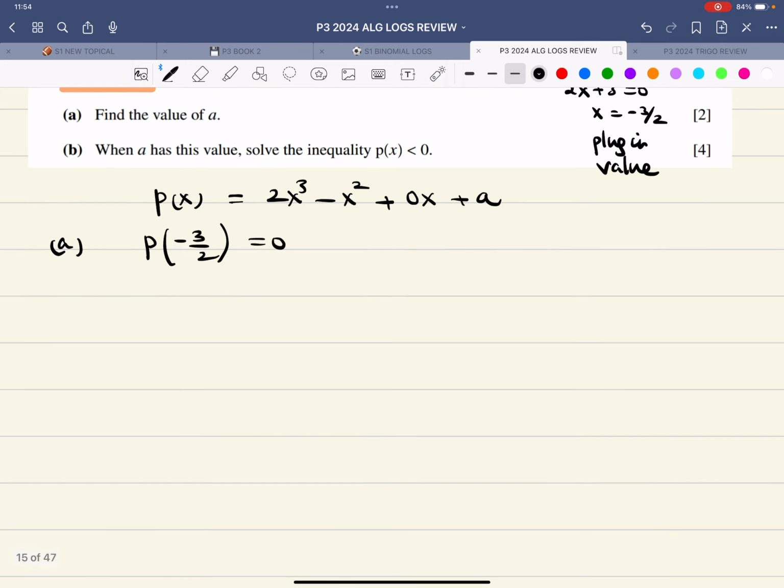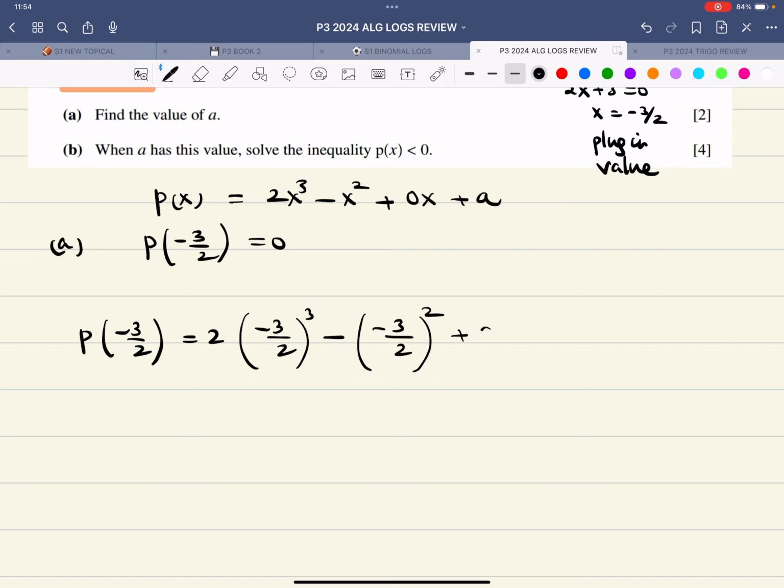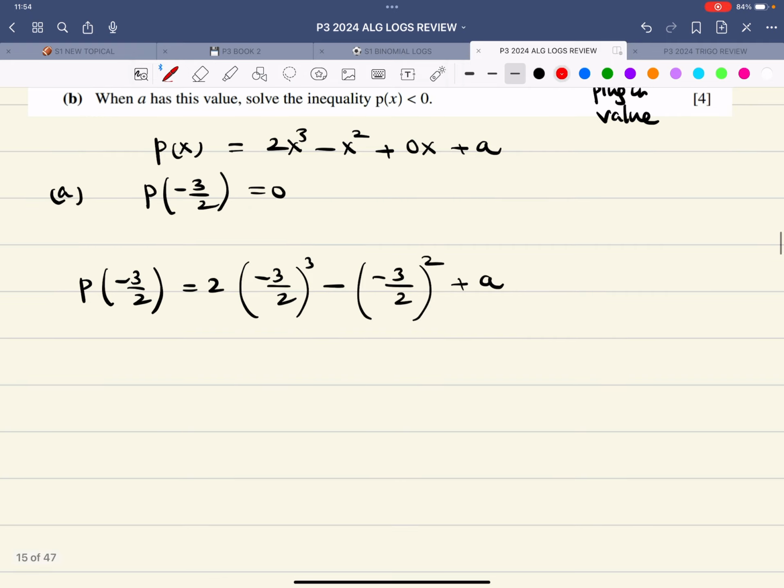So now if I plug in this thing, p of negative 3 over 2, that is 2 into negative 3 over 2 whole cube, minus negative 3 over 2 whole square, plus a. Now keep in mind, if it's negative, after cubing, it will remain negative. If it's negative, after squaring, it will become positive.